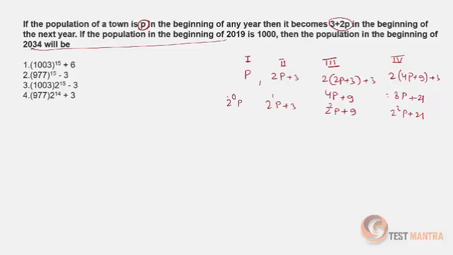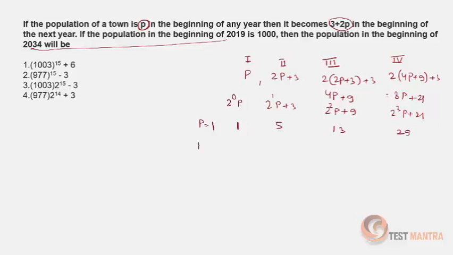right? So I'll try to match up the values with this, assuming that the p value is nothing but 1, right? So I have this value as 1 here, then it will become 5 here, right? Then this is 13, and then this will be nothing but 29.